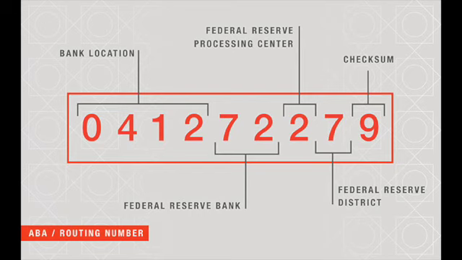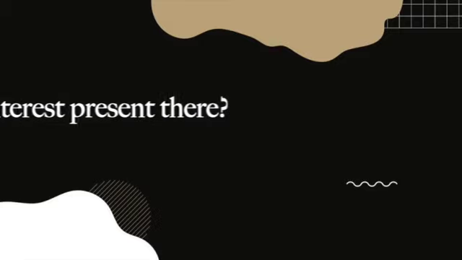The 8th digit refers to the Federal Reserve district in which the bank is located, and the 9th digit is a control code or checksum that is calculated using the first 8 digits. So if the final result is not equal to the checksum number, the transaction is flagged and redirected for manual processing. This ensures that the transaction is not erroneously sent to another bank.